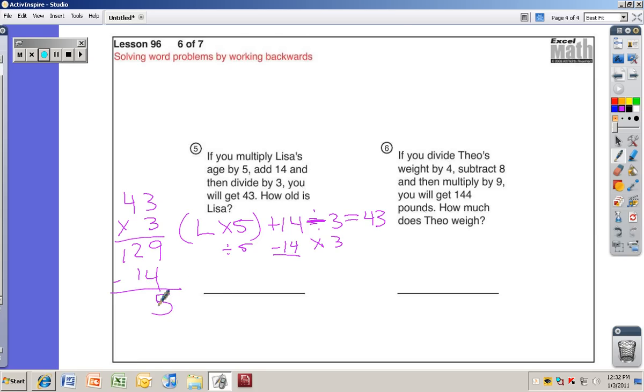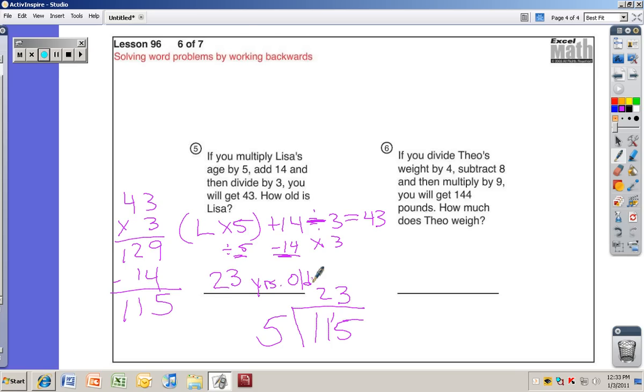It's kind of helpful if you actually write down the opposites here. And there you get 115, and then we're going to divide that by 5. 115, hopefully you didn't take up as much room as I'm taking up here. Trying to make it nice and big so you can see it. 5 goes into 11 2 times. 2 times 5 is 10. That gives me a remainder of 1. 5 goes into 15 3 times. And so Lisa is 23, don't forget your label, years old.